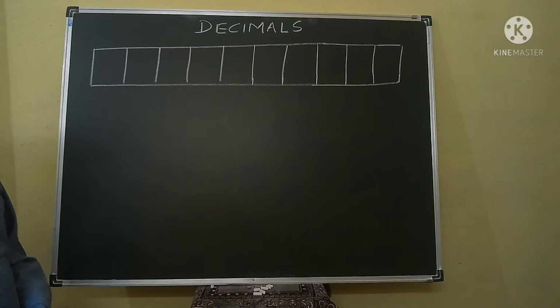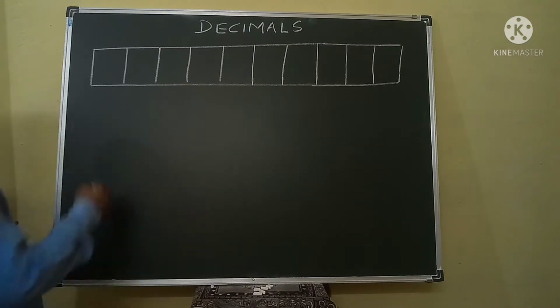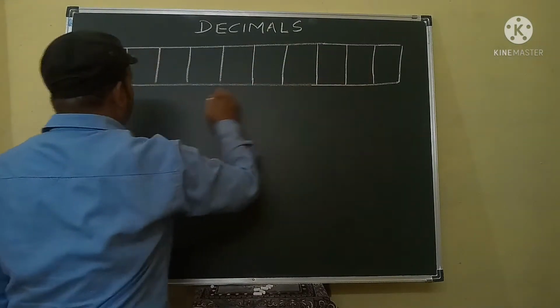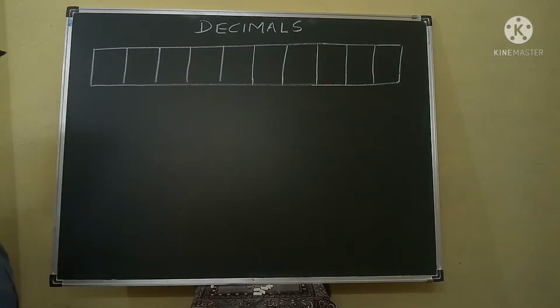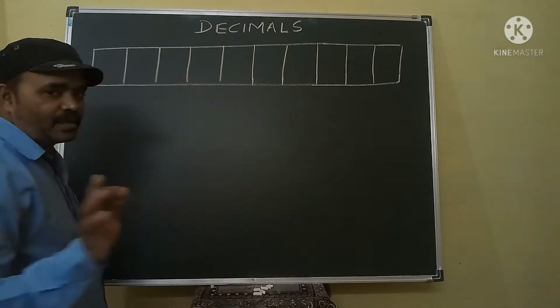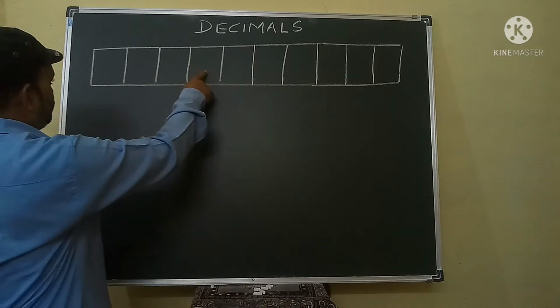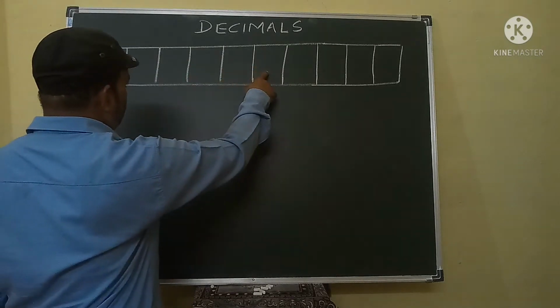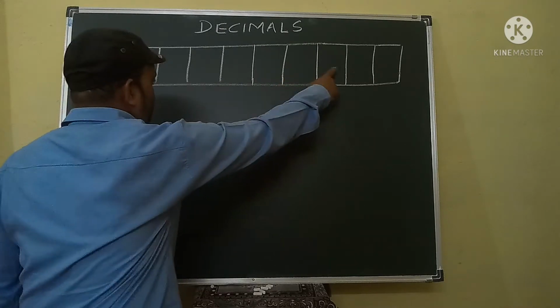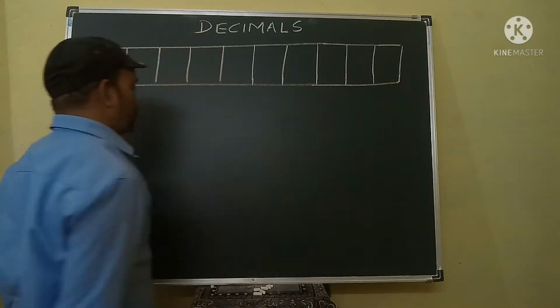My dear students, as you are looking, this is one big rectangular block, and this rectangular block is divided into 10 equal parts. 1 2 3 4 5 6 7 8 9 10.